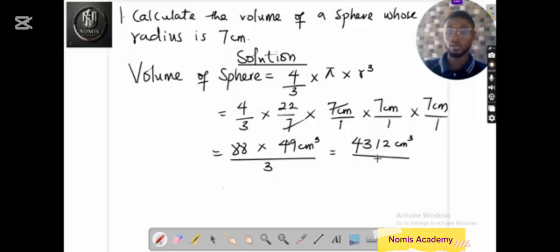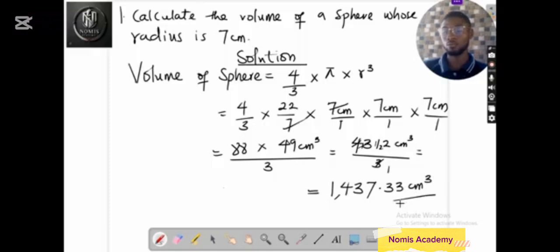So all over 3. If I divide it by 3, 3 in 4 is 1, remainder 1, I'll put it here, 3 in 13 is 4, that's to make it 12, so remainder 1, 3 in 11 is 3, remainder 2, so 3 in 22 is 7, remainder 1, so I'll put decimal point, that one I'll add 0, 3 in 10 will give me 3, it will still remain 1, so I'll keep getting 3, 3, 3, 3, so I can put it to 2 decimal place, 1437.33 centimeter cube.